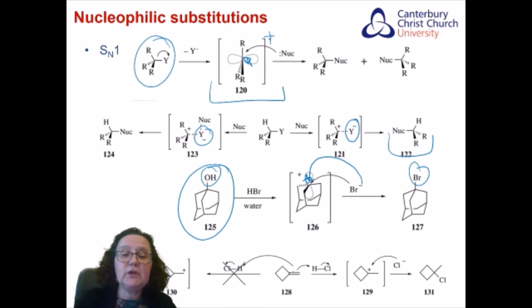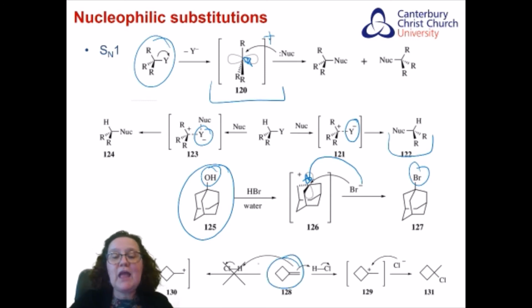So for example, if you look at this compound, you could think initially this would be a carbocation that would form. However, that's the most unstable carbocation you can have, a primary carbocation.